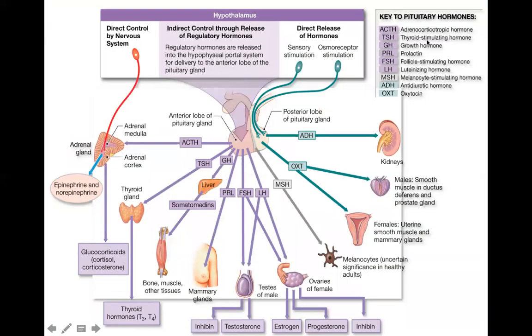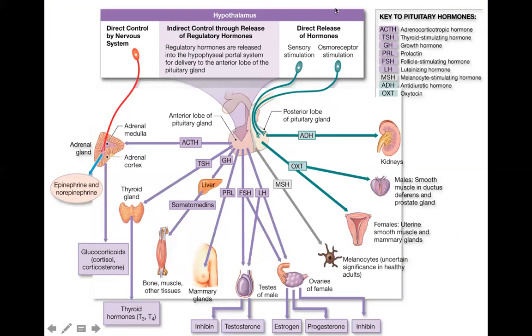Another illustration. This is actually a very good illustration of how the pituitary gland controls our body. In the hypothalamus, we have three main regulatory mechanisms. First is indirect control through the release of regulatory hormones. Next is direct release of hormones, and direct control by the nervous system.